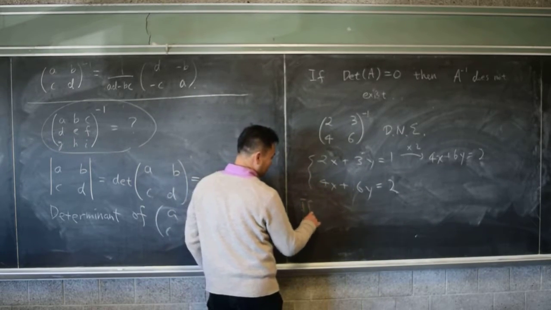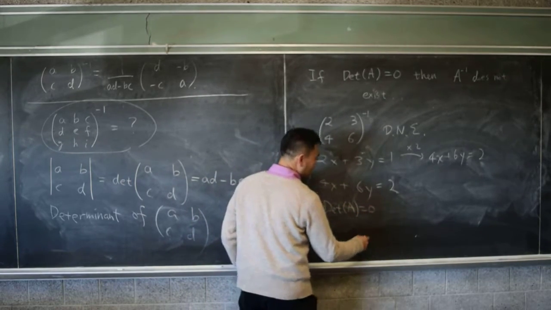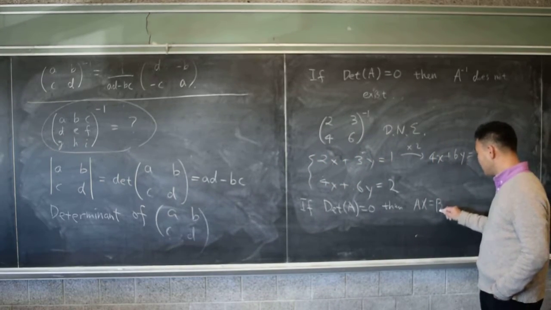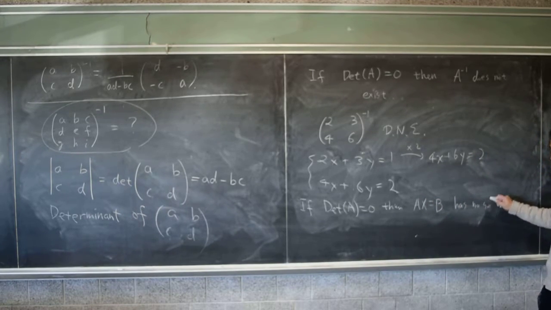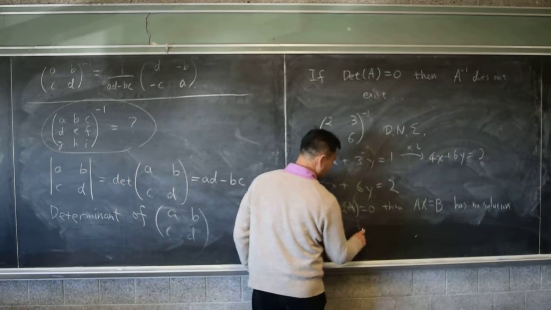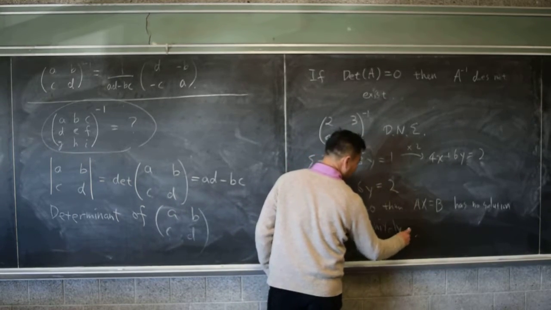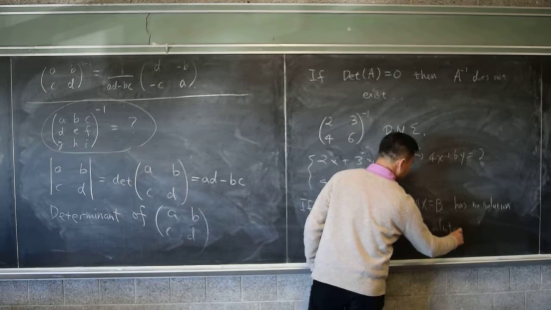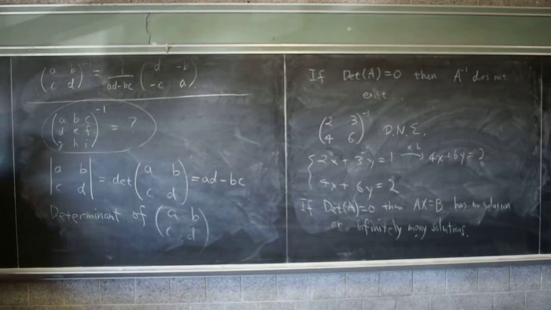So if determinant A equals 0, then AX equals B has no solution or infinitely many solutions. So that's why determinant is important.